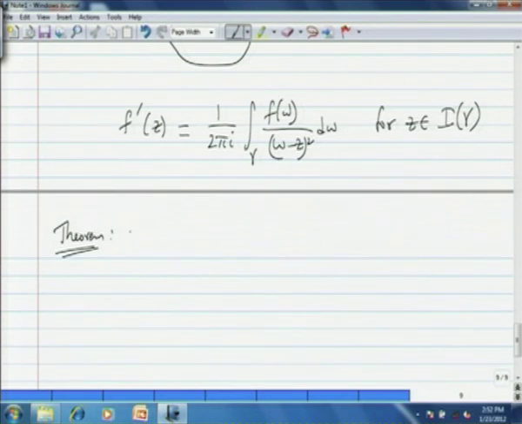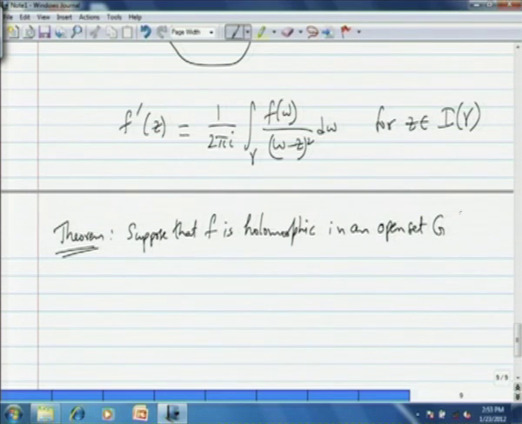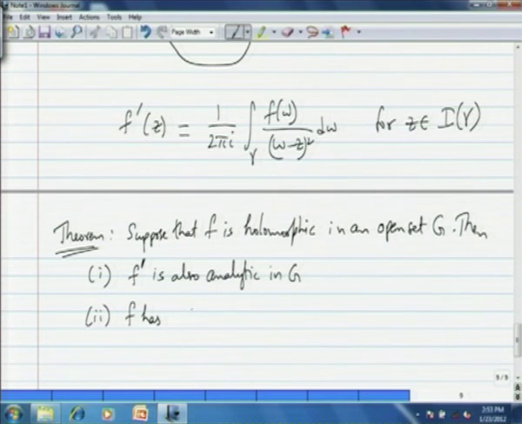Suppose that f is holomorphic, that is analytic, in an open set G. Then the first statement is that f prime is also analytic in G. And from the first statement we can conclude that f has derivatives of all orders in G.